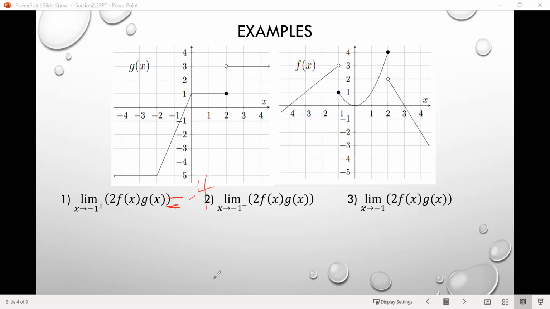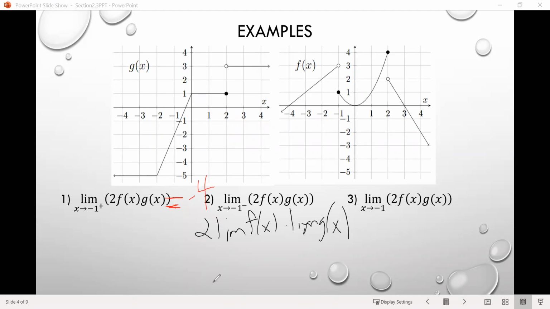Okay. And then looking at the next one, it's going to break apart similarly, right? So we'd have 2 times the limit of f of x times the limit of g of x.